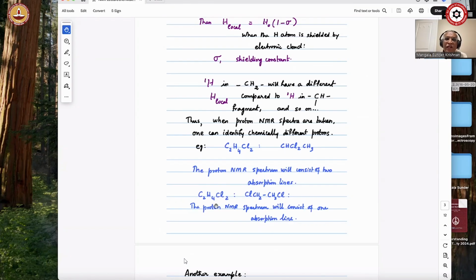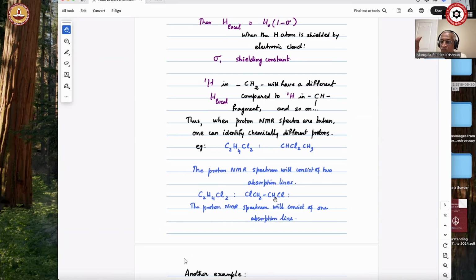Now, on the other hand, if the same isomeric compound, C2H4Cl2, is 1,2-dichloroethane, where the chlorine is distributed between both these carbons, you can see that this proton and this proton have identical electronic environments.